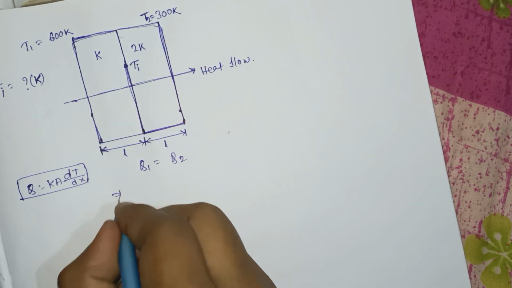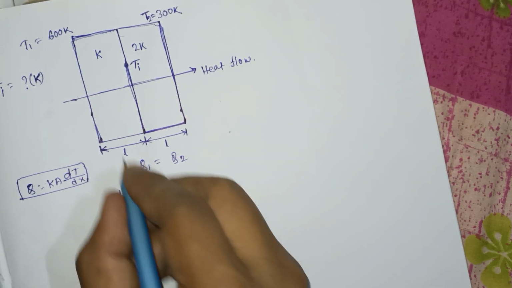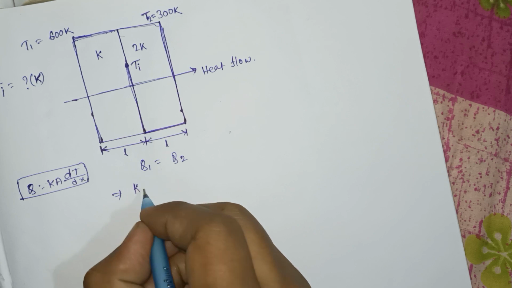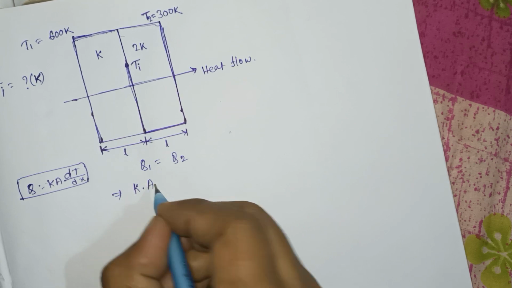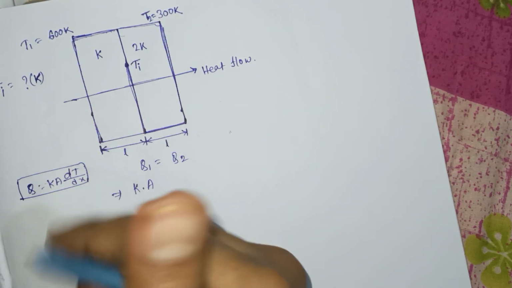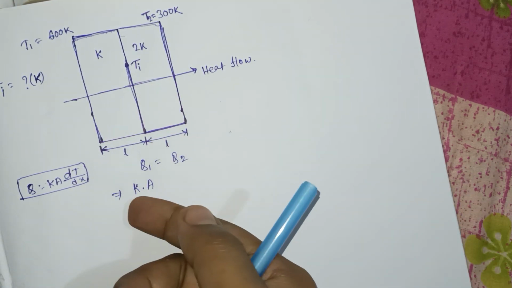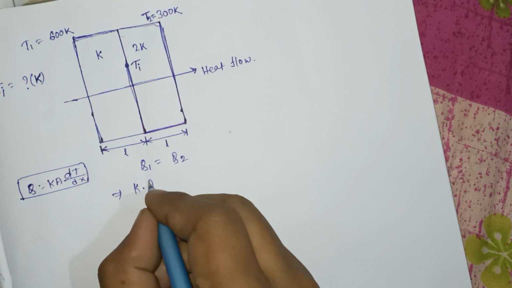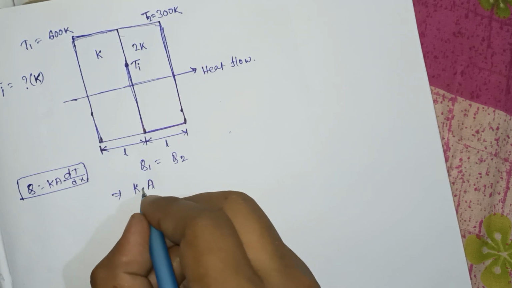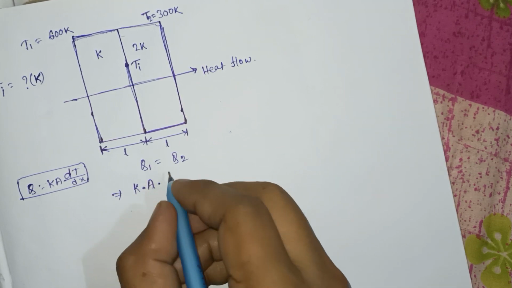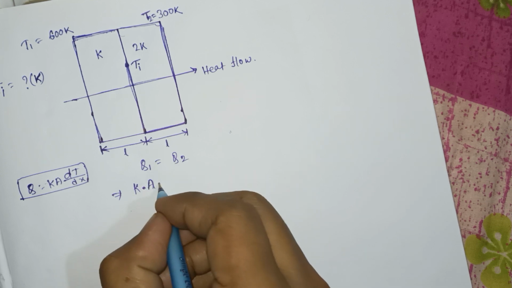So Q1 is KA dT by dx. This is K into A, where the area of plate 1 is equal to the area of plate 2, so I write A for both.